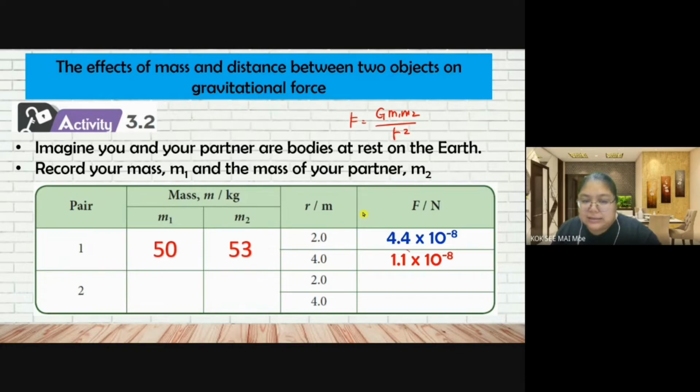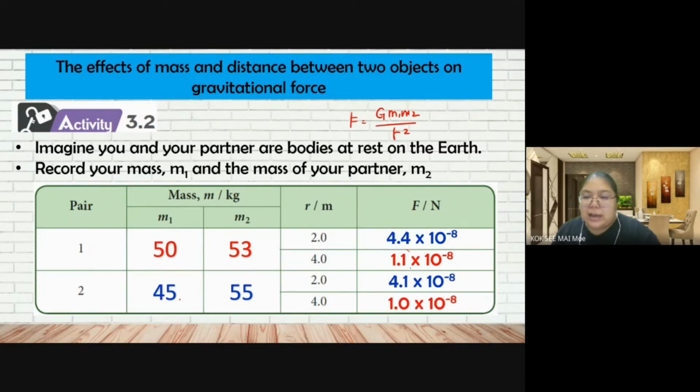Next, if I use the smaller masses, 45 and 55, compared to just now, this one is around 10 kilograms different. The distance is the same. When I adjust to 2 meters, what happened? I get 4.1. If 4 meters, 1 only.